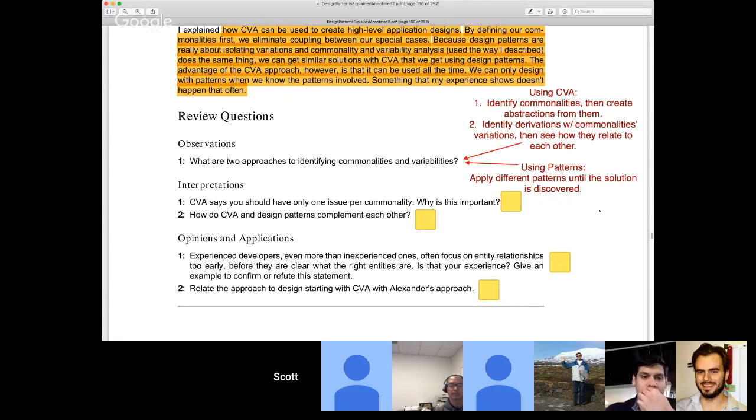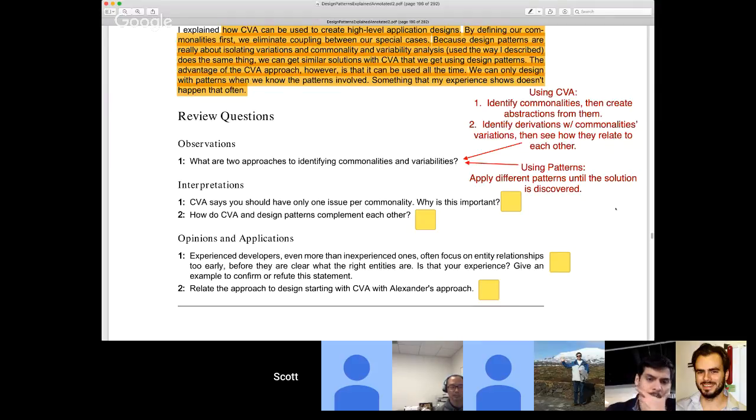You can identify the commonalities, and then split and divide the derivations, and as you go along, see if you can spot design patterns that will be an implementation solution to hooking everything together. Or you can start with design patterns and just keep applying them till the solution is discovered. And I suspect what happens is you do both.